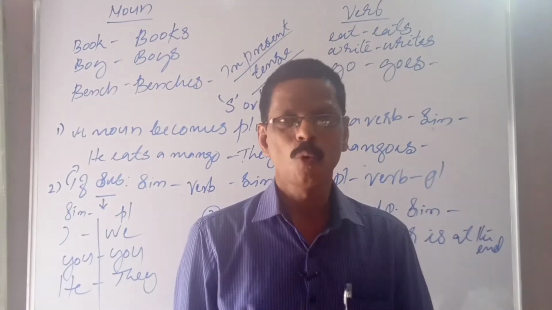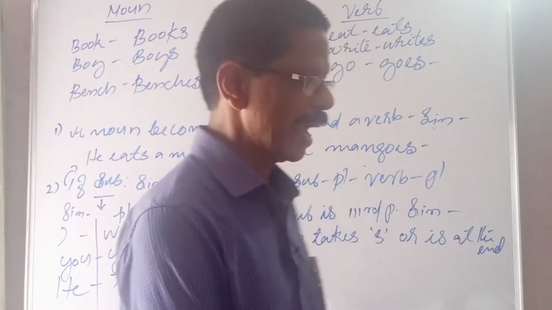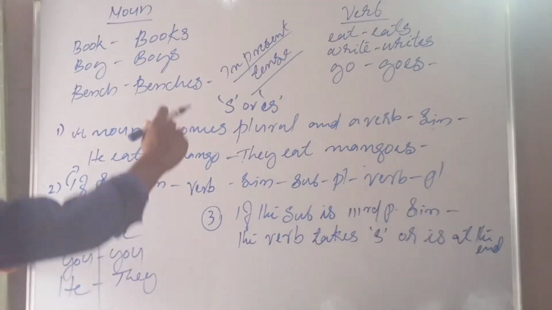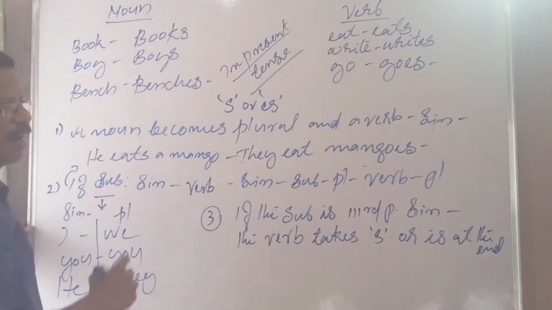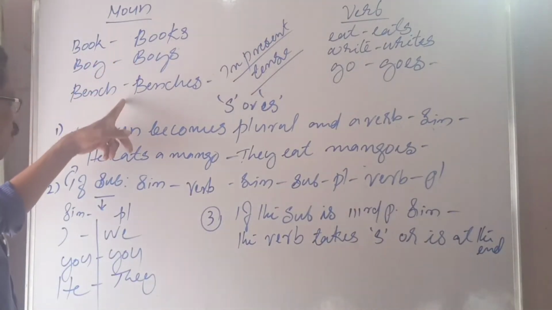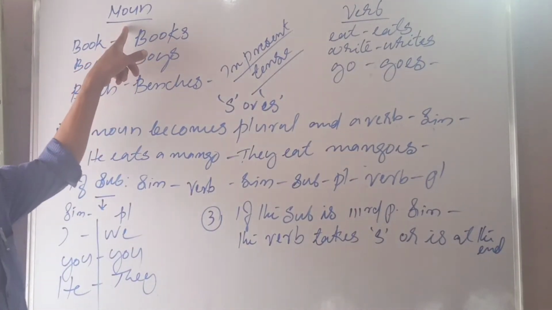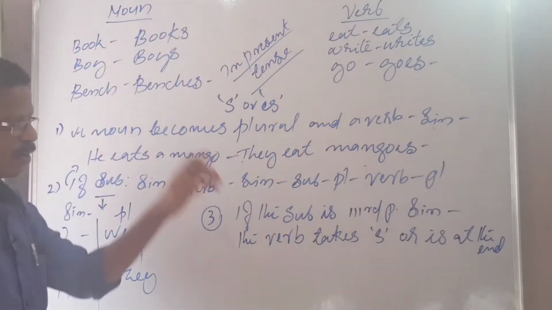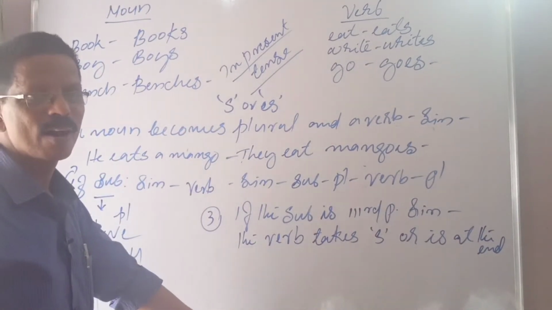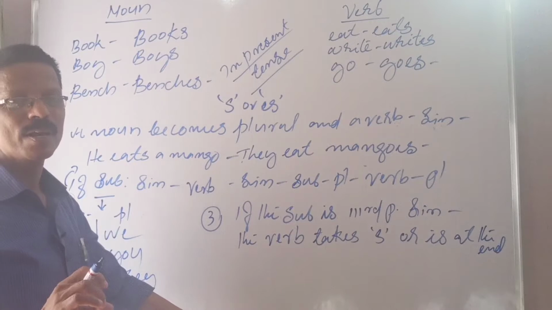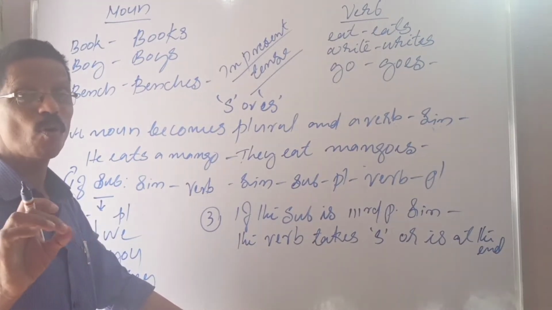Okay now? Let us go on. Today let us see some examples. Look here. I have written here a group of nouns. You know, we have already seen noun, parts of speech number 1, the name of a person, place or a thing.